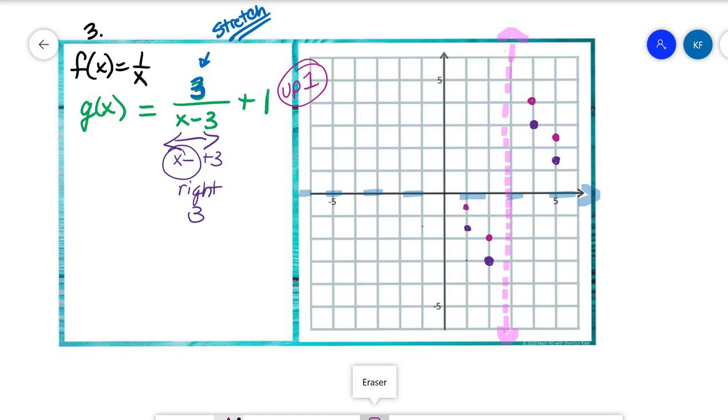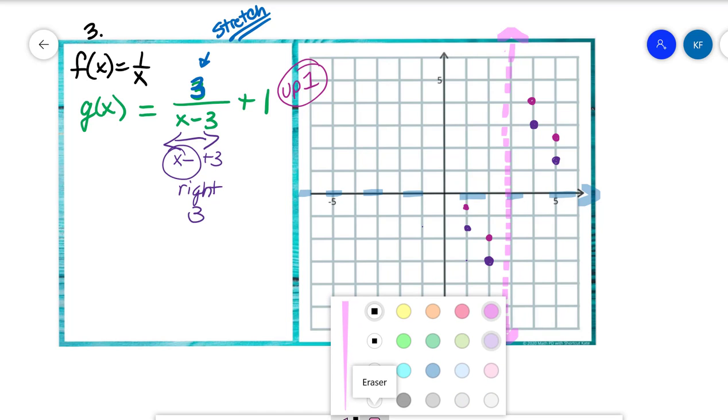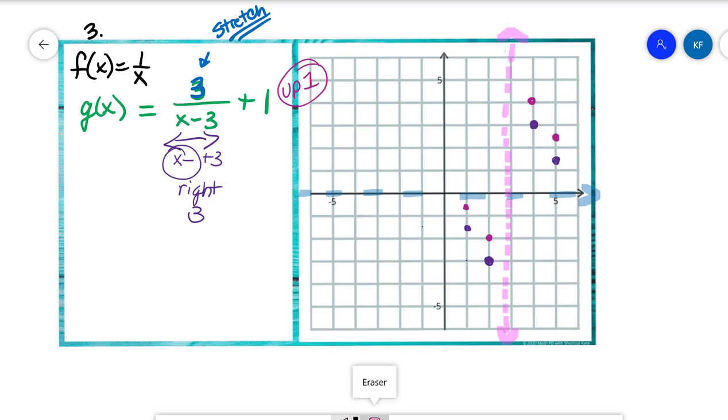Which means I'm also going to move this asymptote up 1. So I'm moving that asymptote up 1. It's a little hard to see, so I'm going to go ahead and put it a little black here.